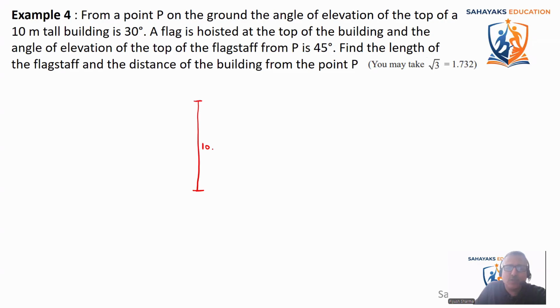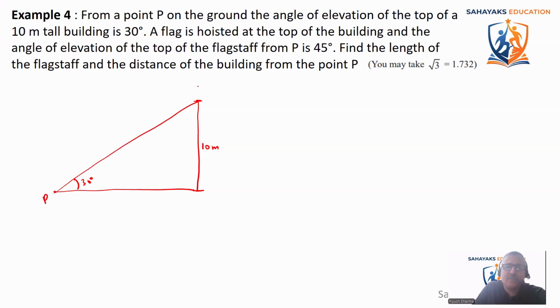And the angle of elevation from point P, and the angle is always taken from the horizon. We'll consider this angle as the angle of elevation. This is 30 degrees.